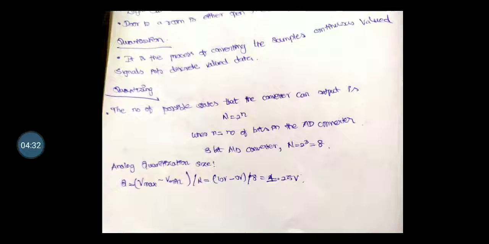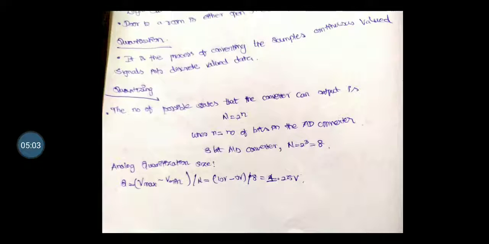So what is quantizing? The number of possible states that the converter can output is N equal to 2^n, where n is the number of bits in the AD converter. Analog quantization size is given by Q equal to (V max minus V min) divided by N. Hence we may get a value of 1.25 volts.